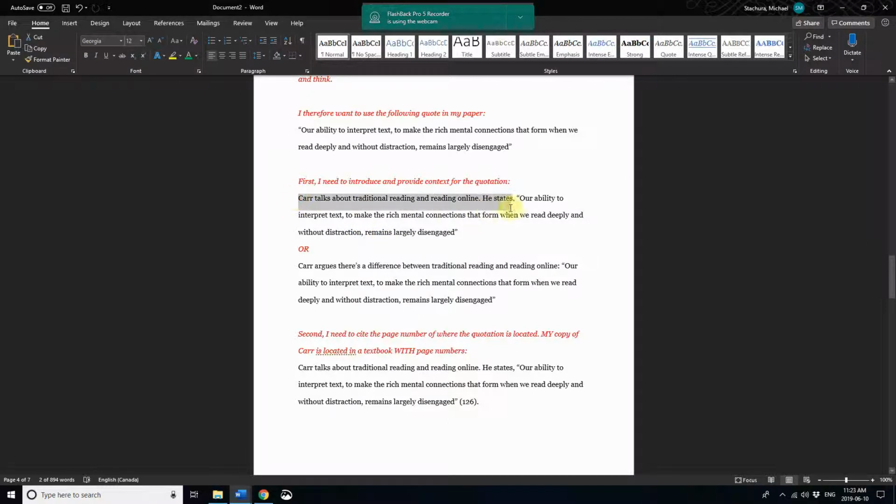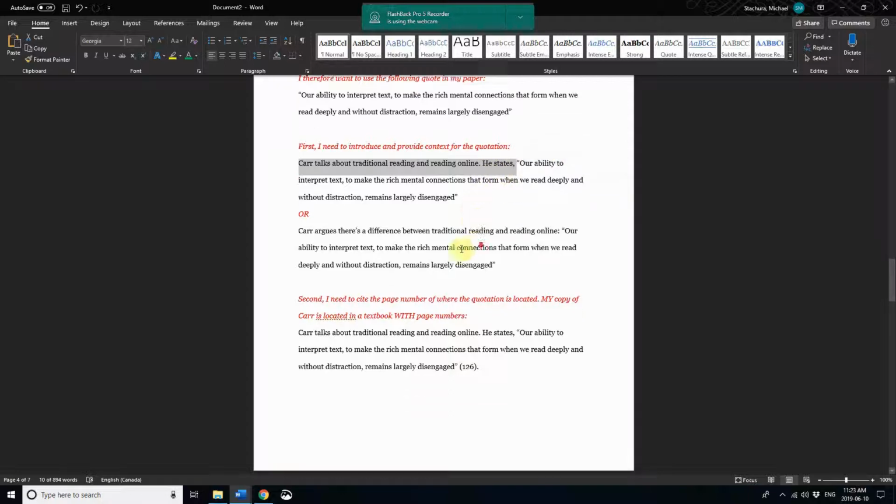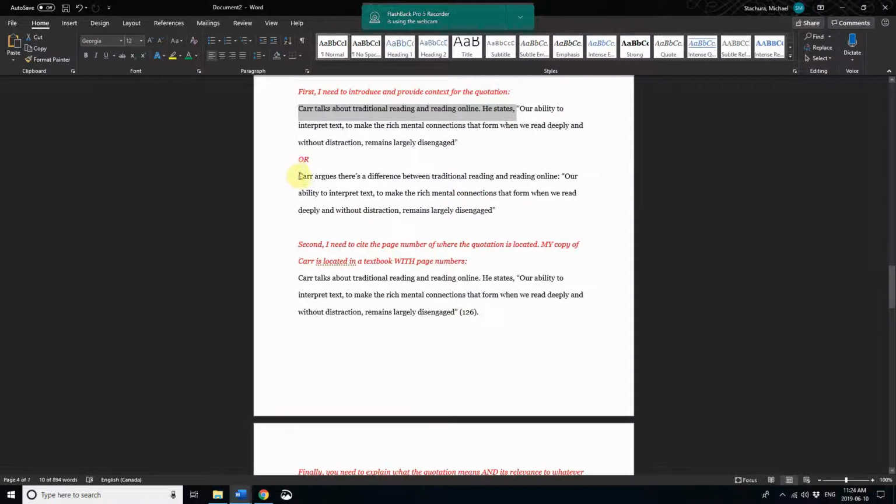Okay, but you introduce the text with context, and you can use a reporting verb in there as well. There's another way you can do it too. So I say, Carr argues there's a difference between traditional reading and reading online. You can go straight into a colon and then give the quote after that. But the same thing. Okay, this sentence gives context. It introduces the quote for the reader. Okay, so introduce your quote with context.